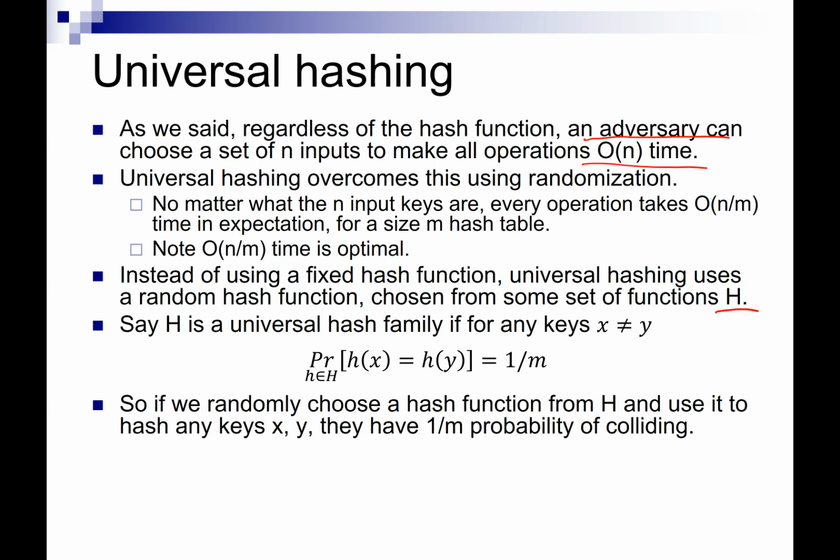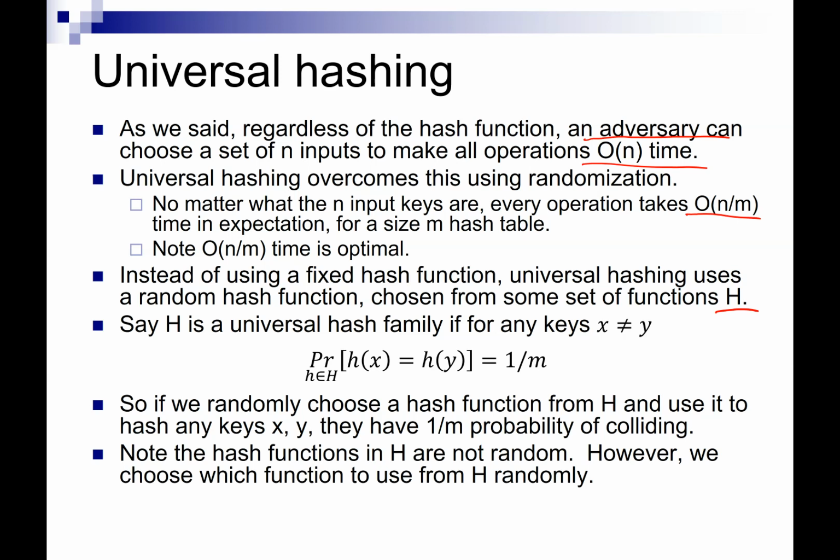Because you, as the adversary, don't know which hash function I'm going to use, you give me some set of n inputs, and afterwards I get to decide which hash function to use. I'm just going to use a random one, and by using this random hash function, I'm going to make sure that I get good average performance, n divided by m performance, as opposed to order n performance.